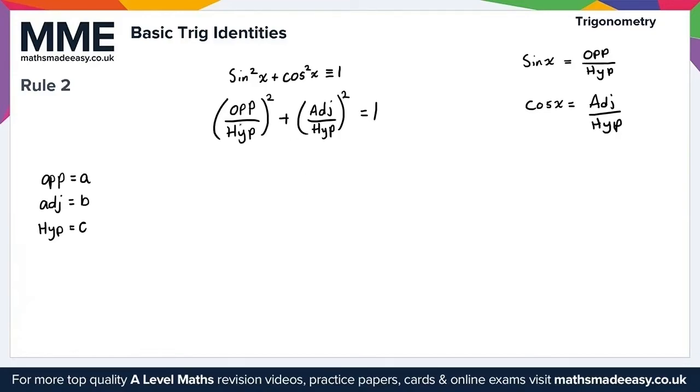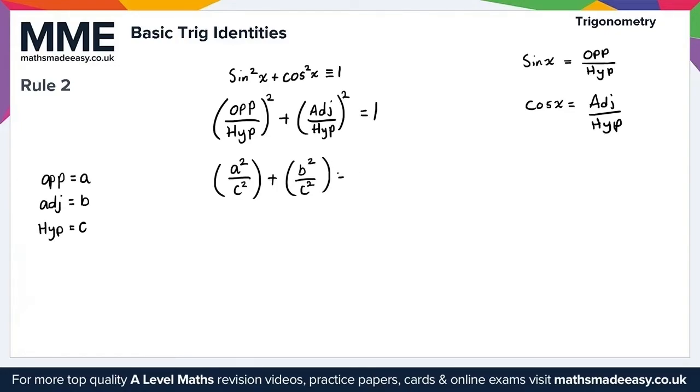So in that case, if the opposite is a, this is going to give us a squared over the hypotenuse squared, which is c squared. So this is a squared over c squared. And again, the adjacent is b, so if we square this expression, it's going to be plus b squared over c squared.